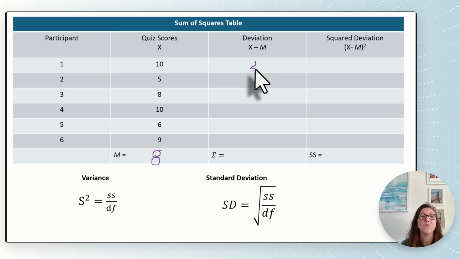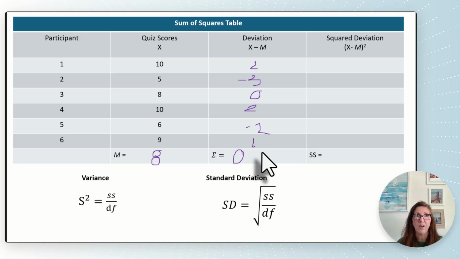So we're taking each score's deviation. 5 minus 8 is negative 3. 8 minus 8 is 0. 10 minus 8 again is 2. 6 minus 8 is negative 2. 9 minus 8 is 1. And when we add 2 plus negative 3 plus 0 plus 2 plus negative 2 plus 1, we get 0. This should always be the case. Our deviations, because we're looking at the distance of each score from the mean, should always sum to 0.